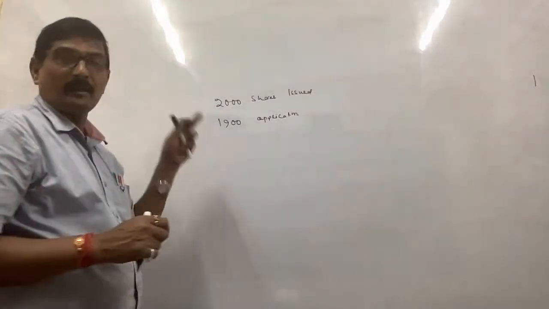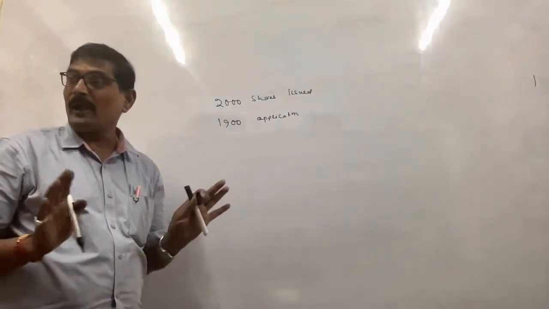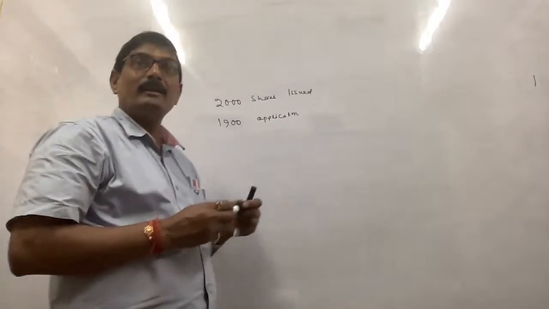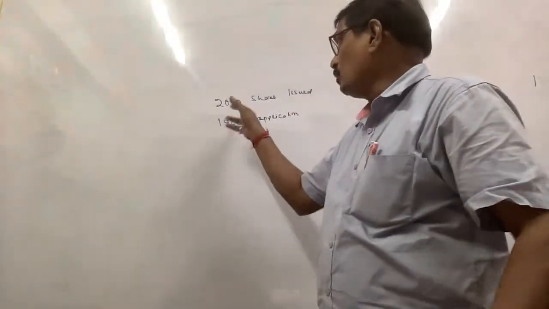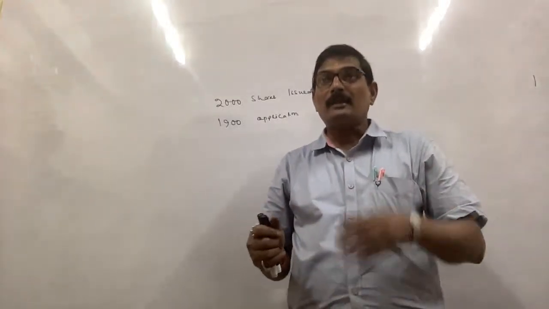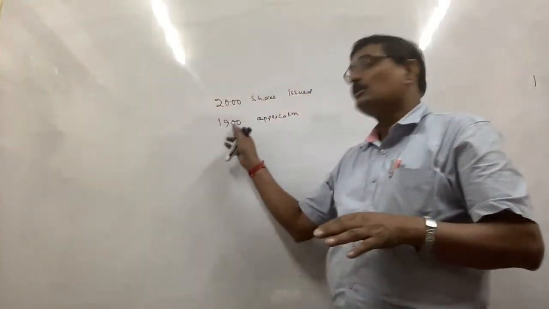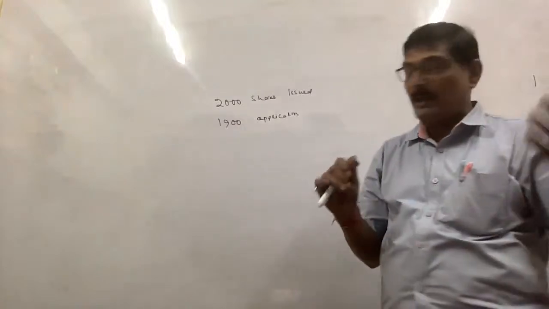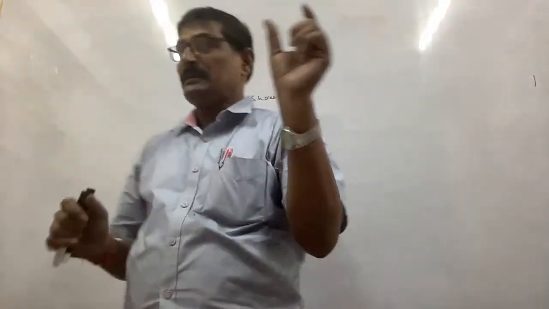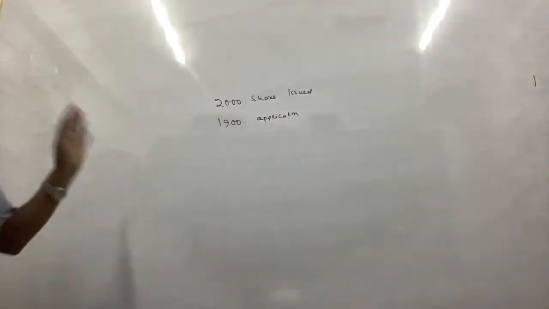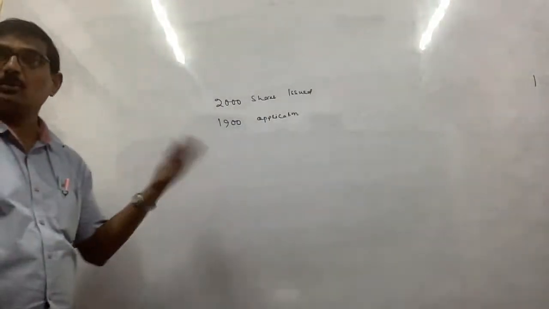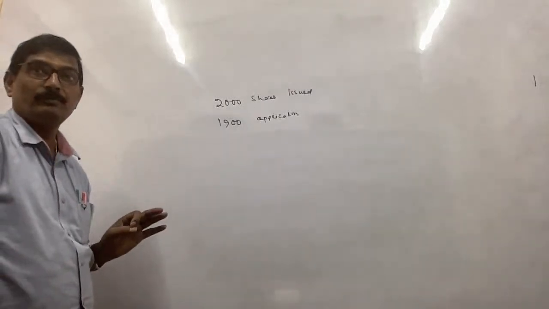So what is to be done here? No extra treatment is required. When we pass the entry, instead of calculating on 2000 shares, carry on all the calculations on 1900 shares. Bank account debited to share application, 1900 into application money, share allotment to share capital, 1900 into application money, and so on. That is the only change.